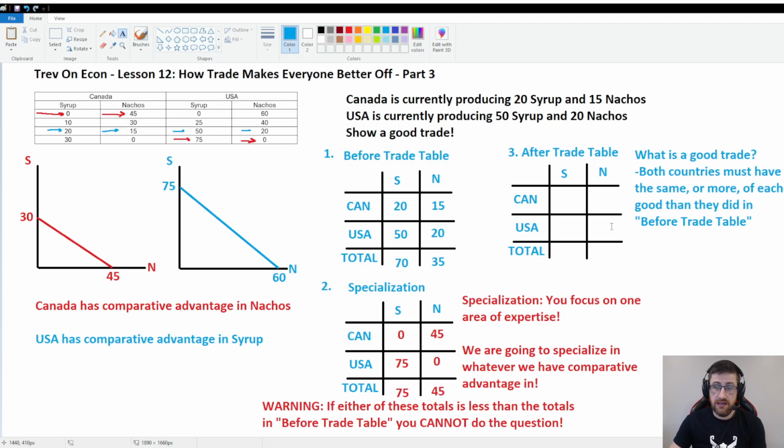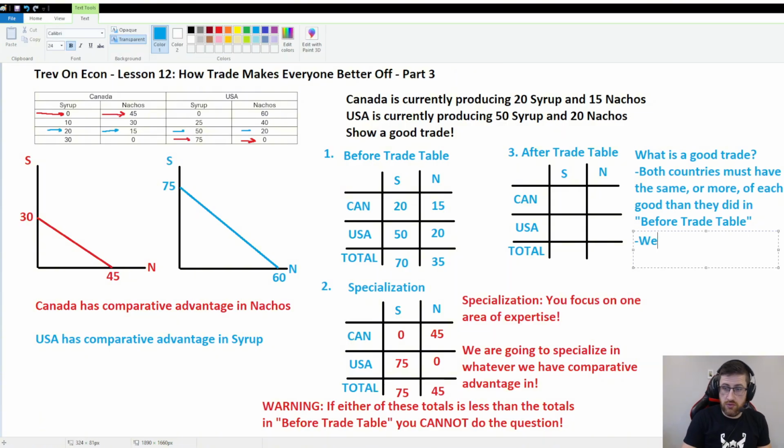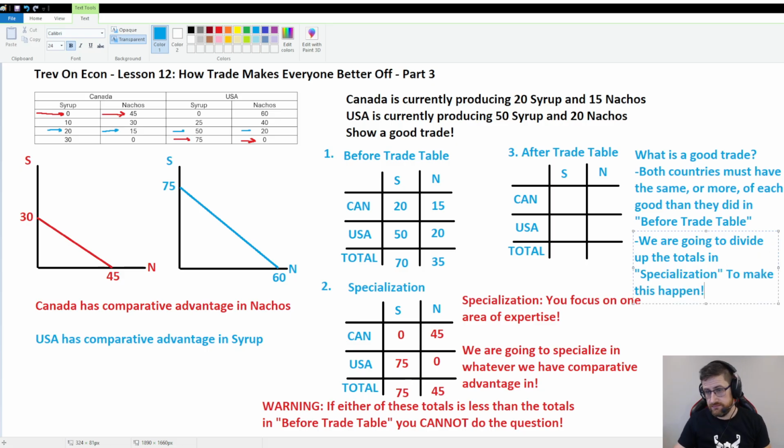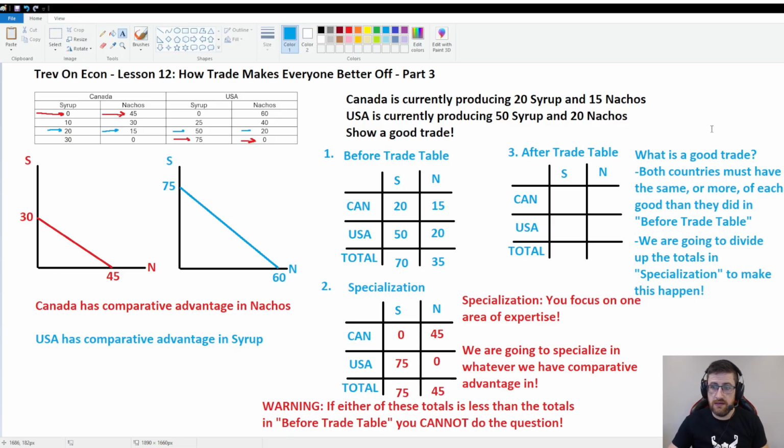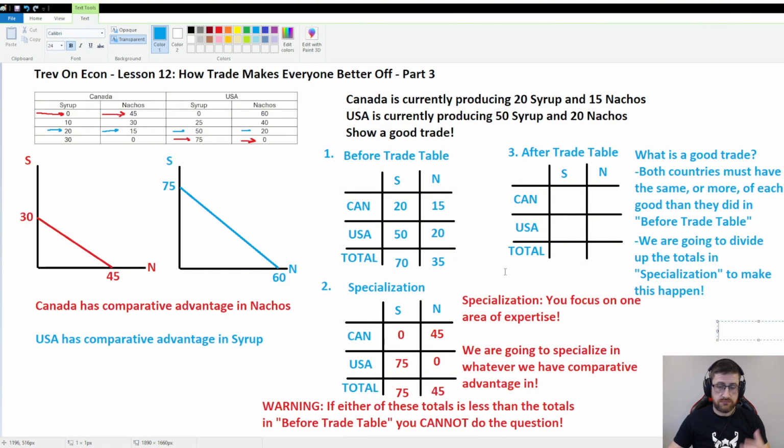Now, what we're going to do is divide up the totals in specialization to make this happen. So let's start with the 75. I'm going to show you an incorrect answer first to prove a point.